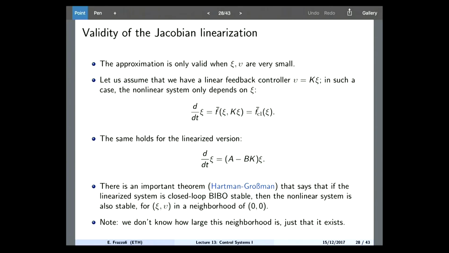And this is where the power of linear systems and linear control design is to be found, okay?